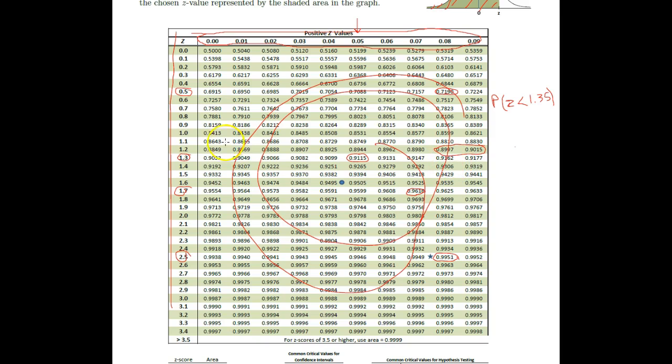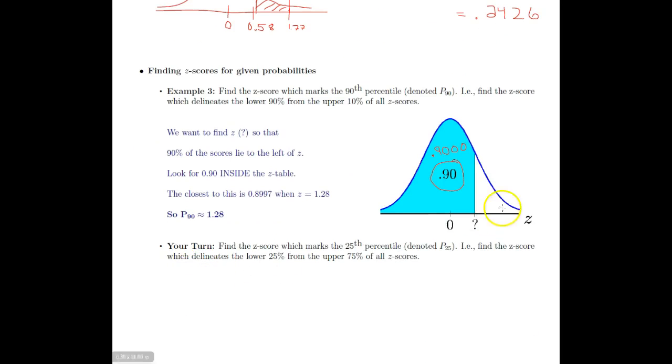So we go backwards. We got 1.2 and 0.8. So the answer for this one is going to be z equals 1.28. So the answer for this is in fact 1.28.